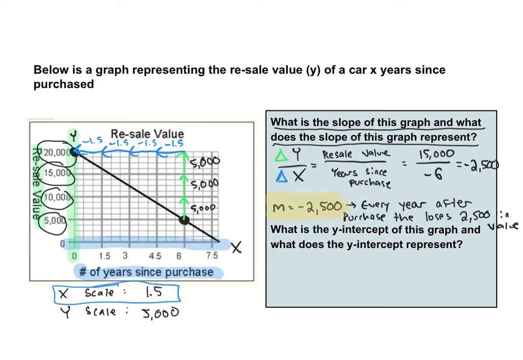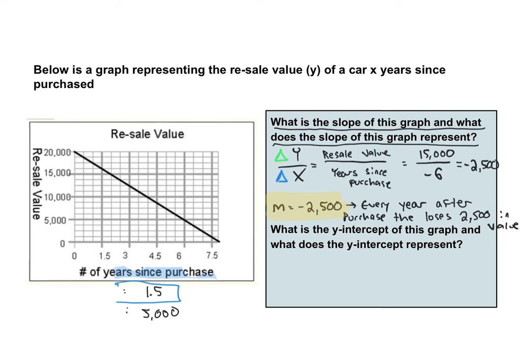Next, let's look at what our y-intercept of this graph is and what that represents. So I'm going to erase some of this scribble I have here. Okay. Our y-intercept. Again, the y-intercept is where the line of our graph crosses our y-axis and where x equals 0. So here's my y-axis. Here's where my line crosses that point.